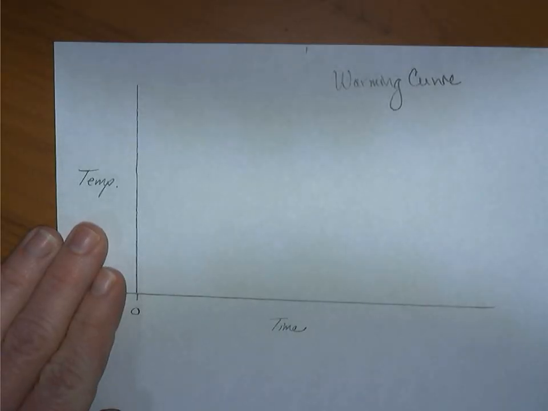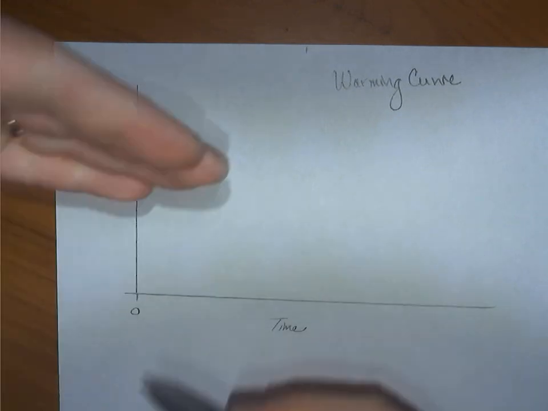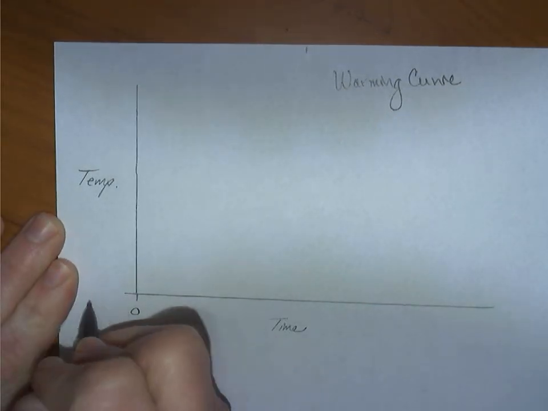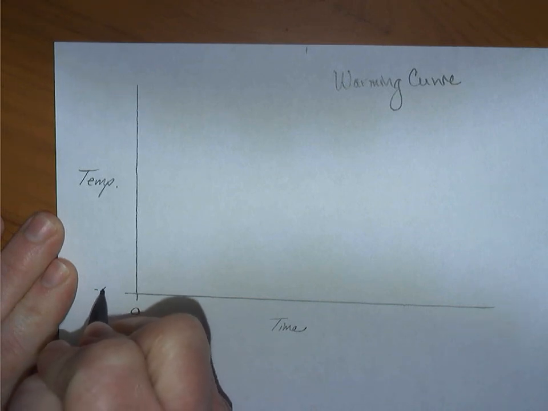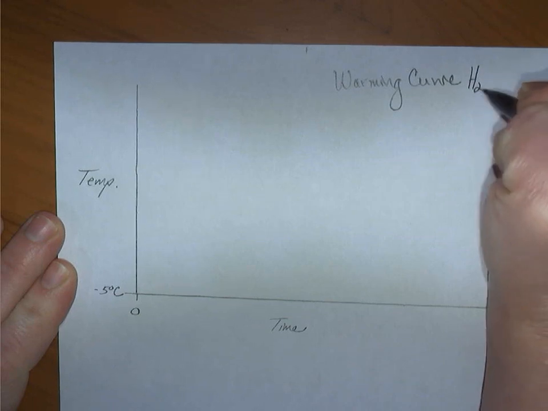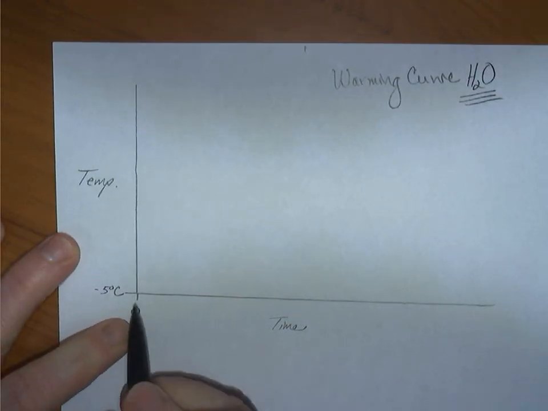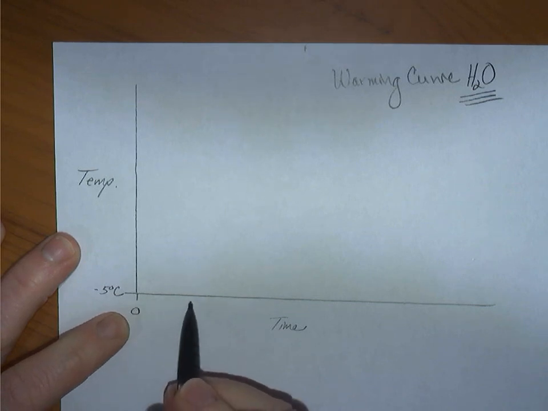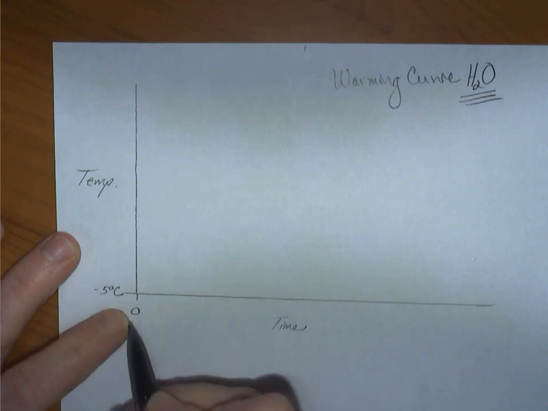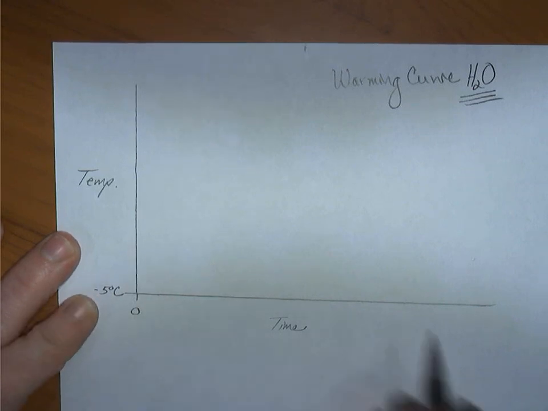And so we would understand that that would go to warm, increase the temperature, increase the kinetic energy of the substance. All right. If we're going to start at negative 5 degrees Celsius, we're going to talk about water because we're nice and familiar with that. Well, depending upon the intensity of the heat and the sample size of our water, that will dictate how long it will take for the temperature to change.